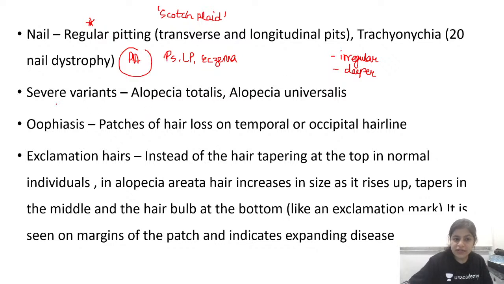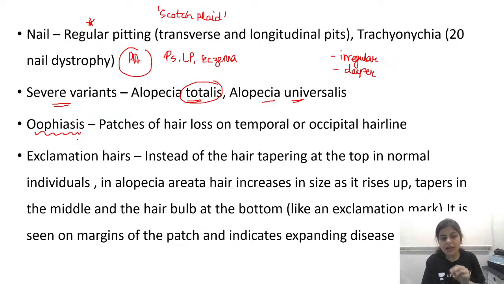Then you have severe variants of alopecia areata. There can be alopecia totalis, which means loss of all the hair on the scalp. Alopecia universalis means not only involvement of the scalp but also loss of hair all over the body. Then there is something very important called ophiasis. Ophiasis means there are patches of hair loss along the temporal or the occipital hairline.